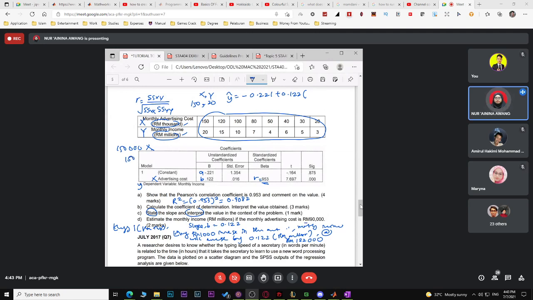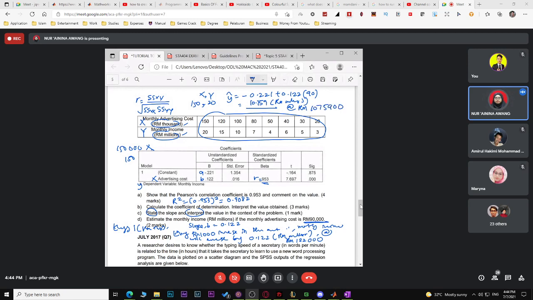So dalam questions ni dia suruh masukkan 90,000. So bila nak masukkan tu, you hanya masukkan 90 saja. Okay, bukannya you masukkan 90,000. So if you substitute 90,000, so jadi wrong lah. Okay, your answer will be wrong. Okay, so dalam kes ni nanti you akan dapat the value is 10.5759. So kalau you nak buat macam ni, don't forget the unit, million, or you convert the value.